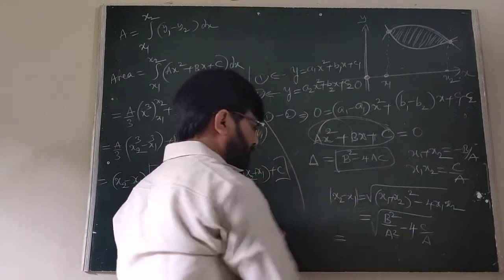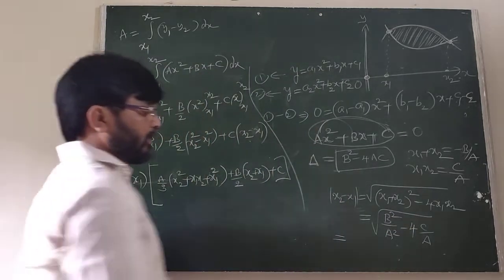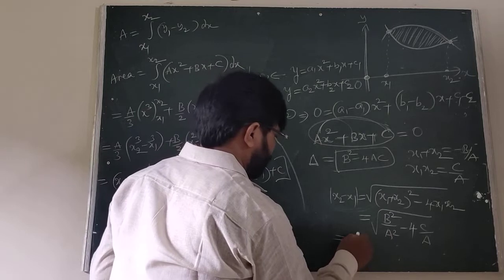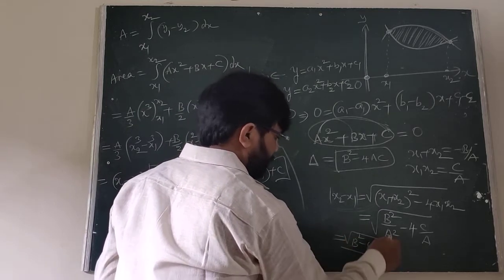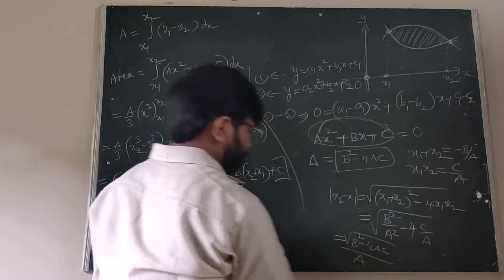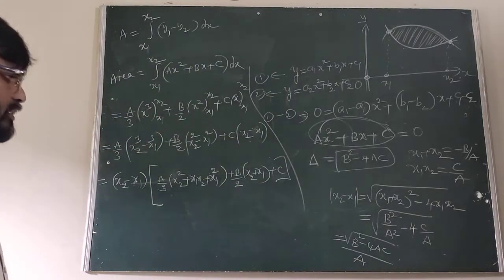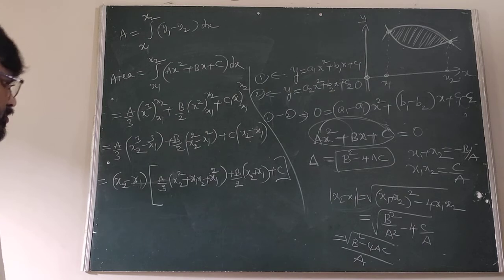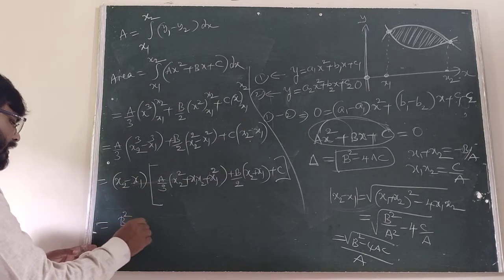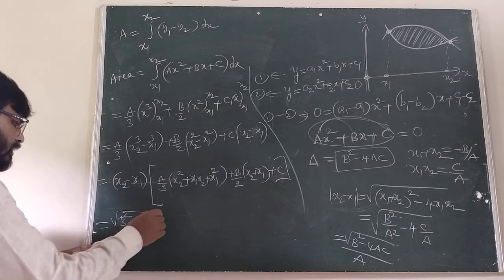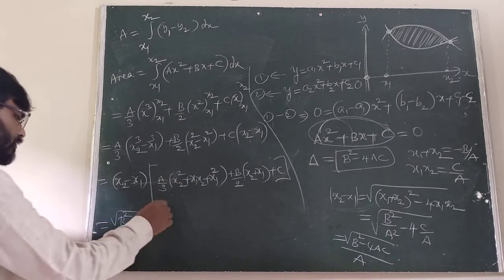Taking the LCM a², this is the square root of b² minus 4ac, over a. So the modulus of x2 minus x1 is the square root of b² minus 4ac, by a.